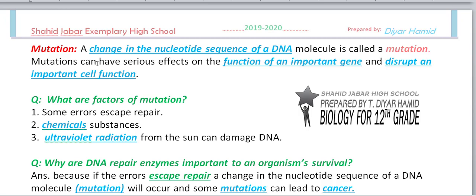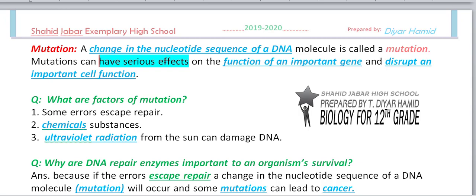Mutation can have a serious effect, for example cancer. Most cancer is due to mutation occurring in the DNA. It can have a serious effect on the function of an important gene. We have 25,000 important genes in our human genome.